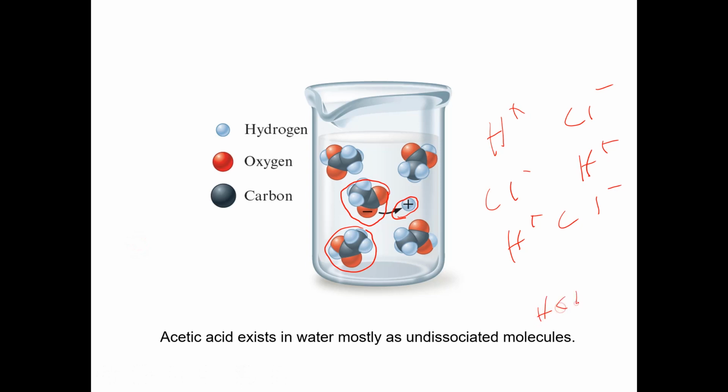So you wouldn't see very many HCl molecules, but you would see the dissociated H plus and Cl minus if we could see this on a molecular level. Whereas with a weak acid, you see a lot of undissociated molecules and only a very few molecules that are broken apart into ions.